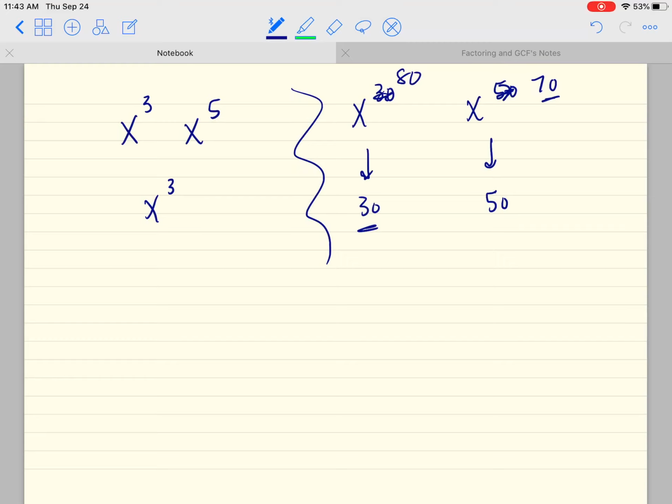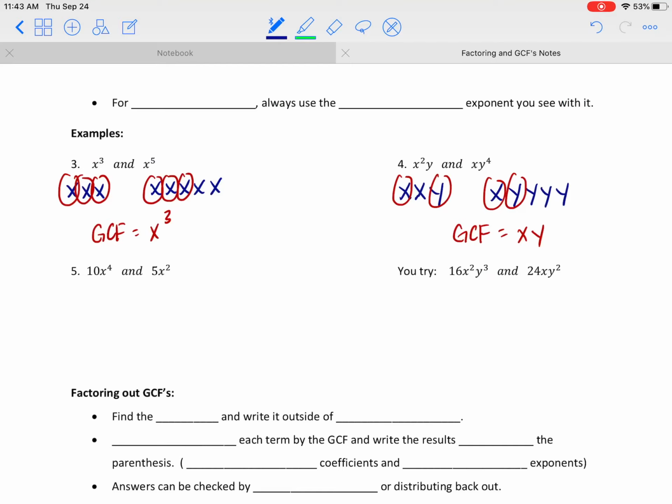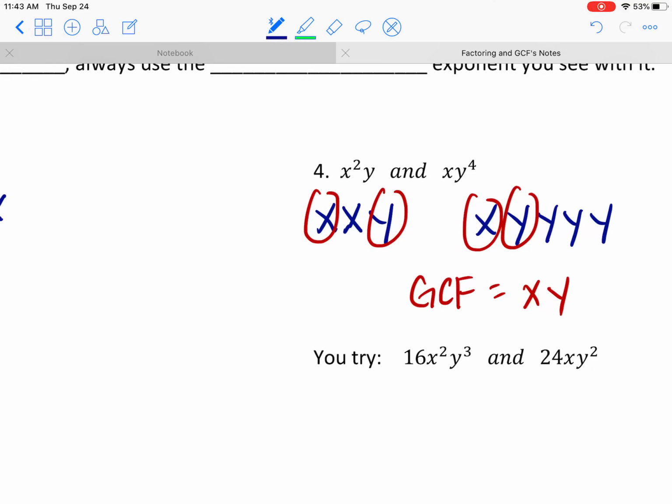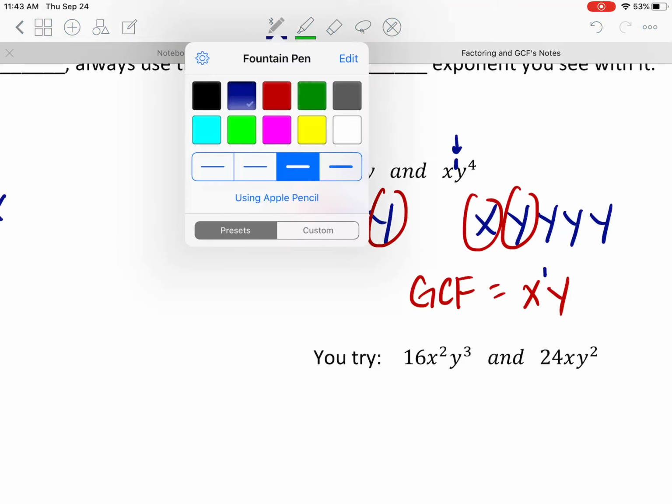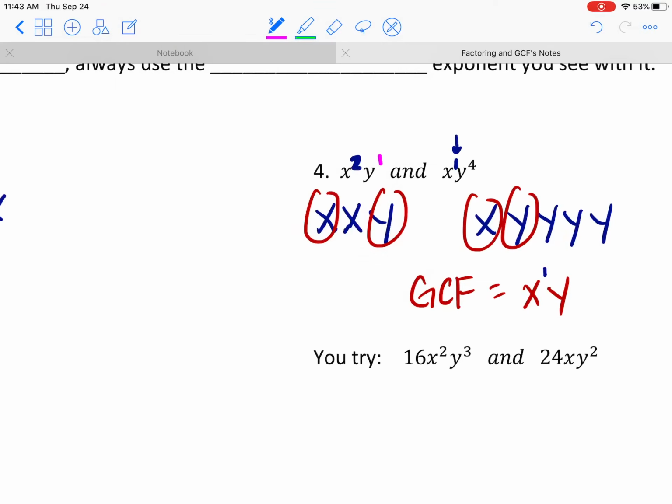All we need to do for variables is identify the smallest exponent we see. Whatever the smallest exponent is, that's what they're going to have in common. So for example, here, looking at the x's, there are 2 with this term and 1 with this term, so how many do they have in common? They have the 1 in common, right? Or if you're looking at the y's, there's 1 here and then 4 here, so what's the smaller?